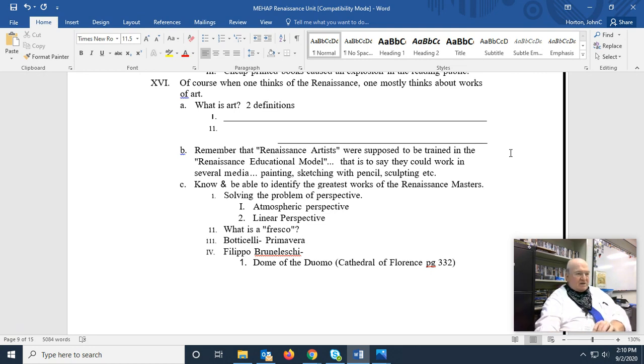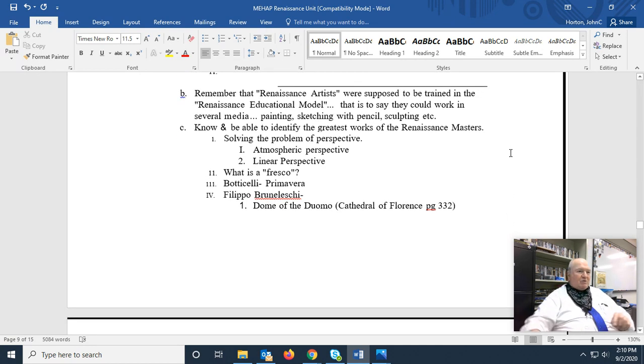Remember that the Renaissance artists we're talking about were supposed to be trained in the Renaissance educational model. That is to say, they could work in several media: painting, sketching with a pencil, sculpting, etc. Now you're not necessarily supposed to memorize works of art, but goodness, please.